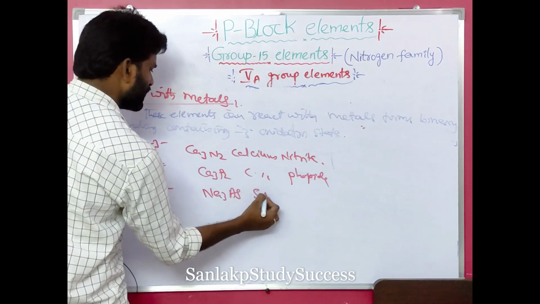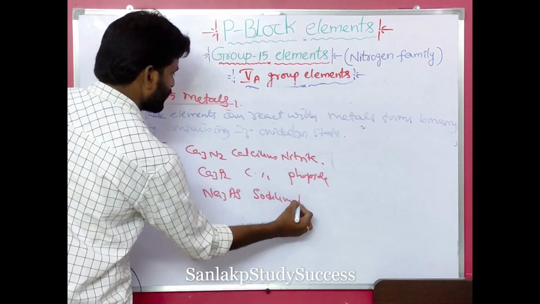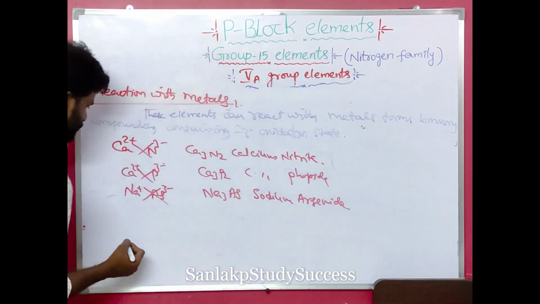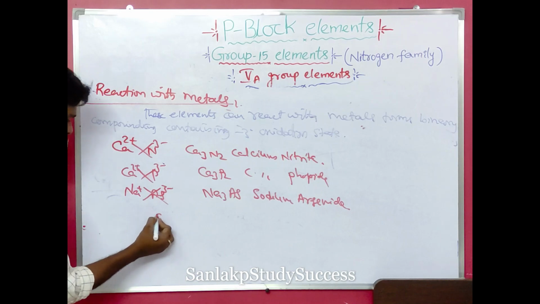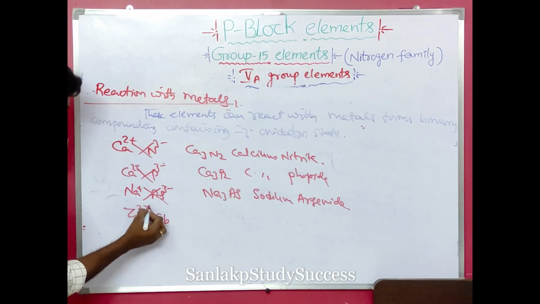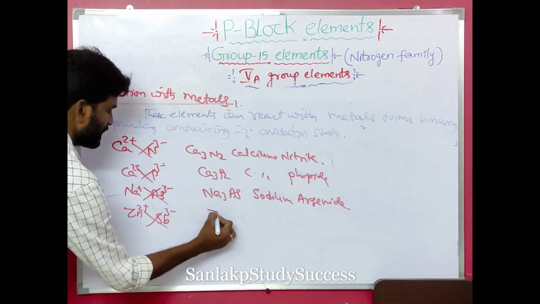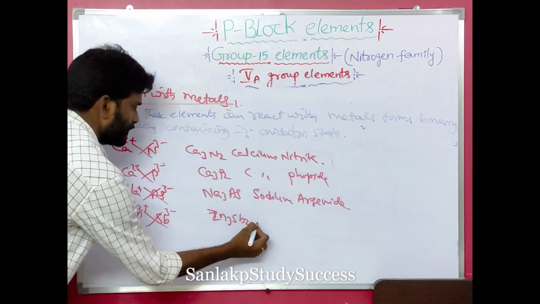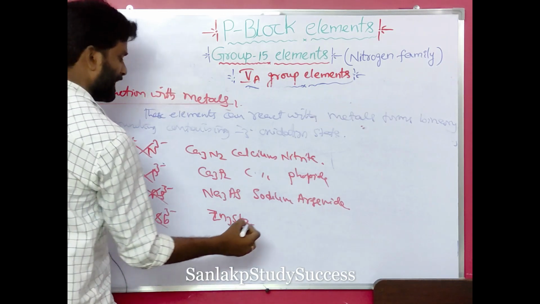Its name is sodium arsenide. Similarly antimonide: zinc Zn2 plus and Sb3 minus. What is the formula? Zn3Sb2, zinc antimonide.